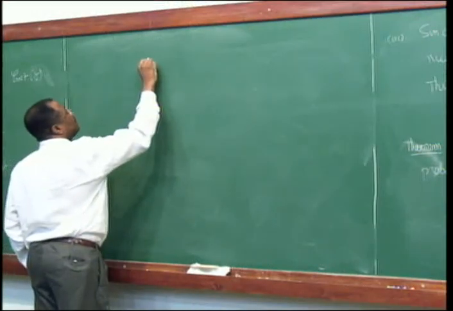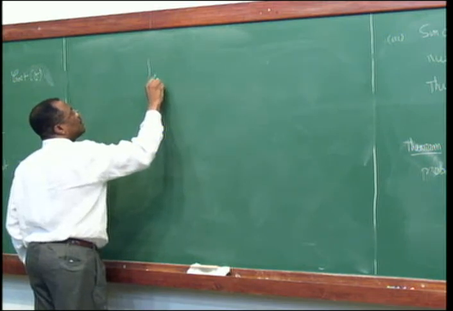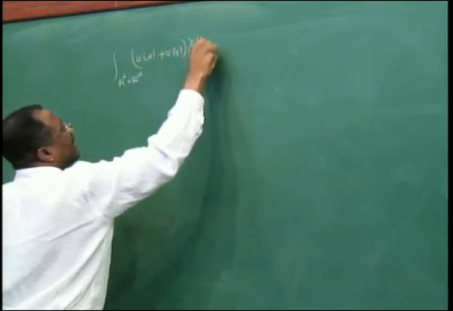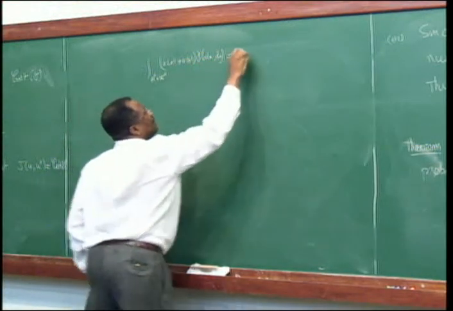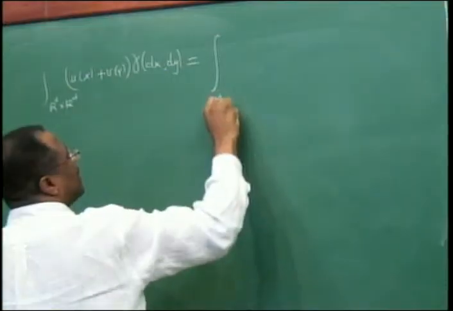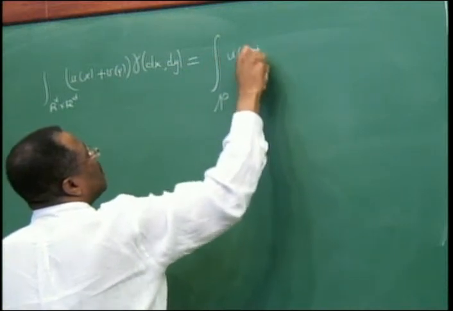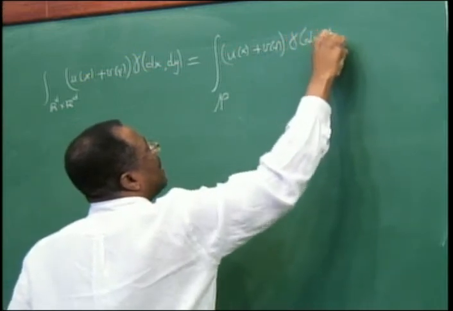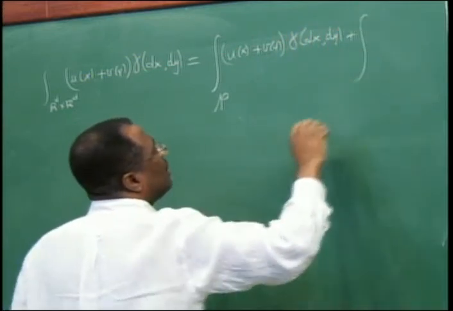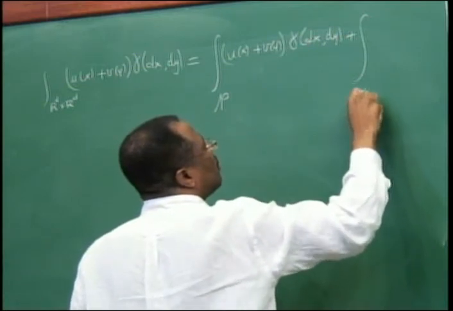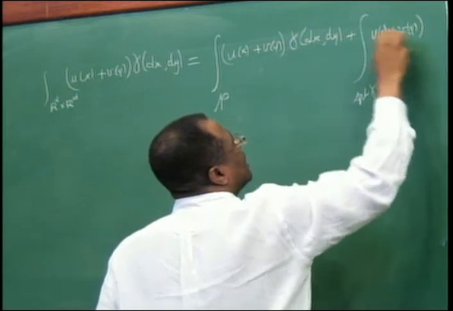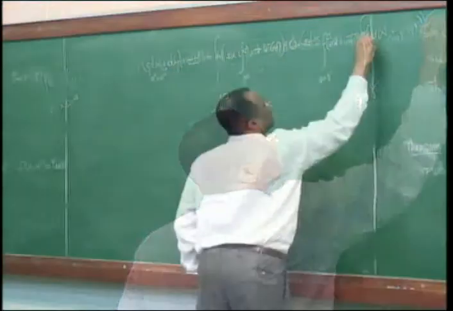Then if I write the integral over R^d cross R^d of u(x) plus v(y) gamma dx dy, this is the integral over N of u(x) plus v(y) gamma dx dy, plus the integral over the support of gamma of u(x) plus v(y) gamma dx dy.